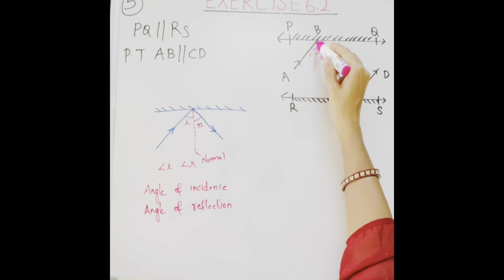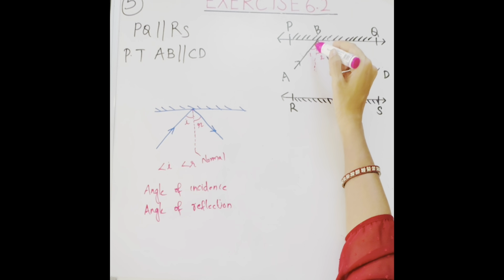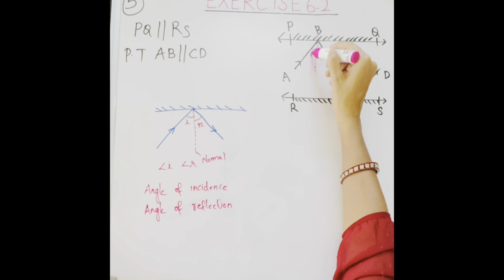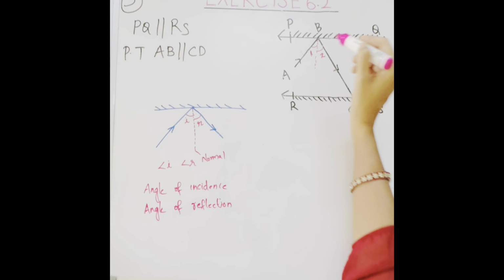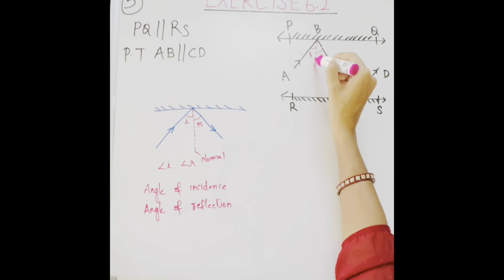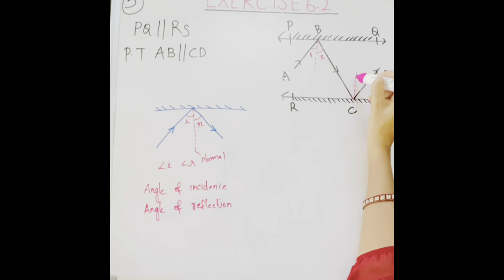We have an incident ray and a reflected ray forming angle of incidence and angle of reflection. So we call the angle of incidence 1 and this 2. Similarly, we have this ray striking the mirror at point C. So again we have a normal here, the same normal we have drawn here, and then we have again an angle of incidence.